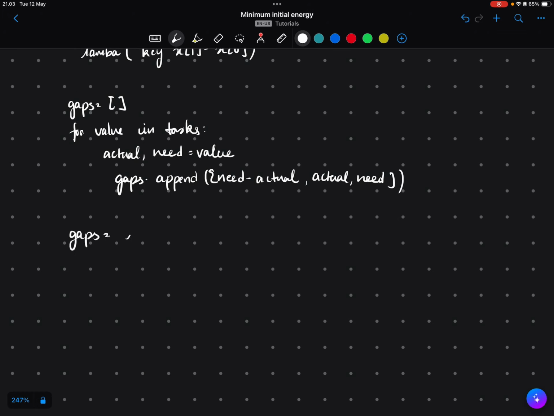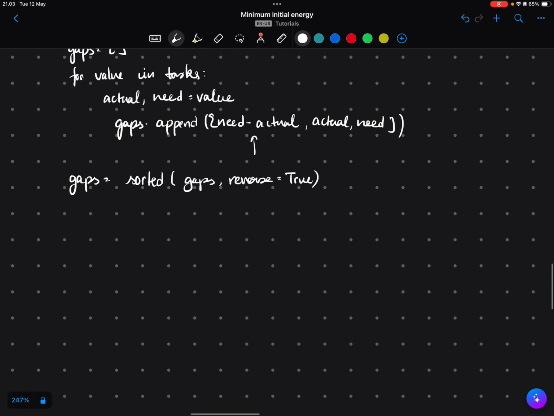Then we will take our gaps and we will sort it, right? And since we've kept the difference as the first thing, it will sort based on that, and we will do gaps reverse equals true. Alright, now like I said, we will have a minimum. You can have it be total, whatever you want.